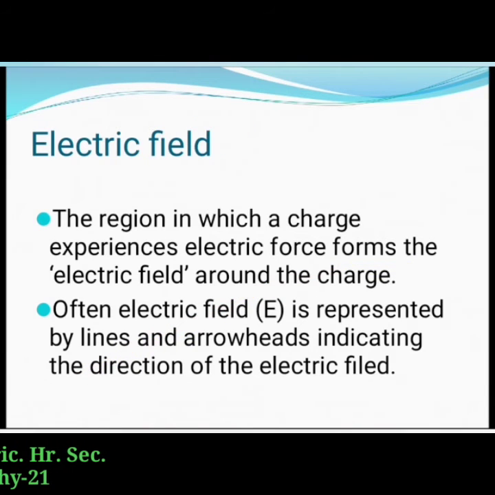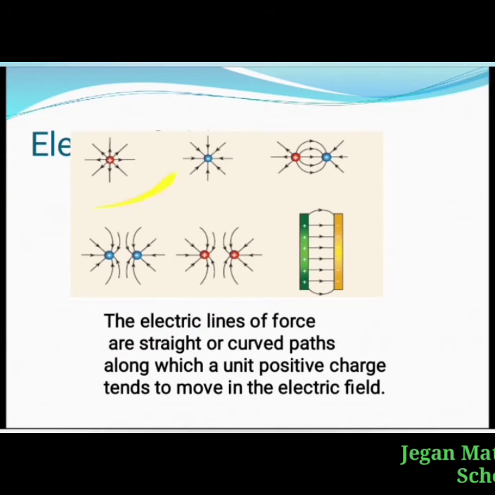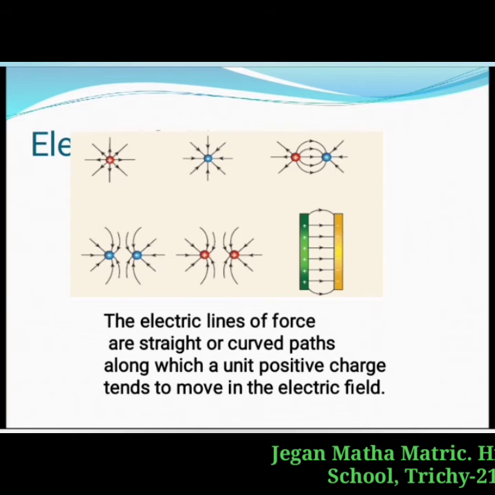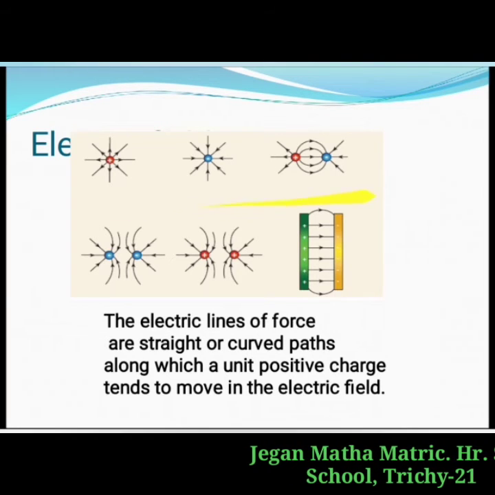Next one is electric field. What is electric field? The region in which a charge experiences electric force forms the electric field around the charge. See the picture. This electric field is represented by lines and arrowheads indicating the direction of the electric field.